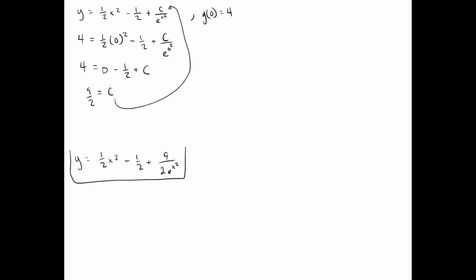So solving for c, we get that c is equal to 9/2. Now we simply substitute c in, so y is equal to 1/2 x squared minus 1/2 plus c, which is going to be 9/2, over e to the x squared. And this is our answer for the initial value problem.